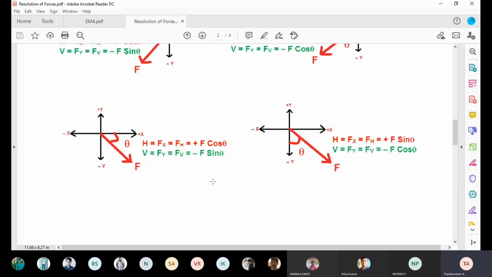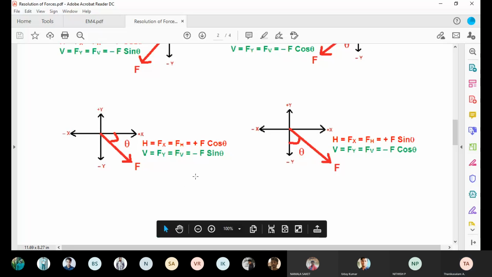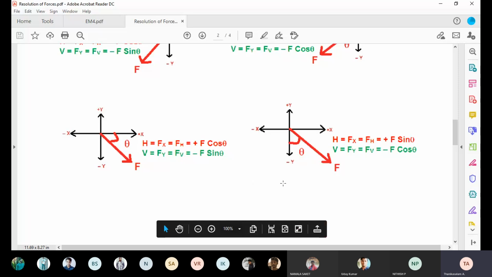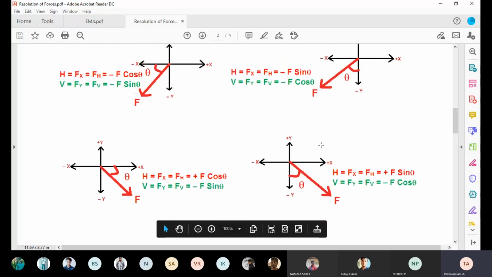You have to decide based on my explanation, based on the concept. Any inclined force in engineering mechanics, you must convert into x direction and y direction. This is the procedure, called resolution of force, resolving of force. Components means horizontal component and vertical component, that is H and V. See here, all the forces I have given clearly.